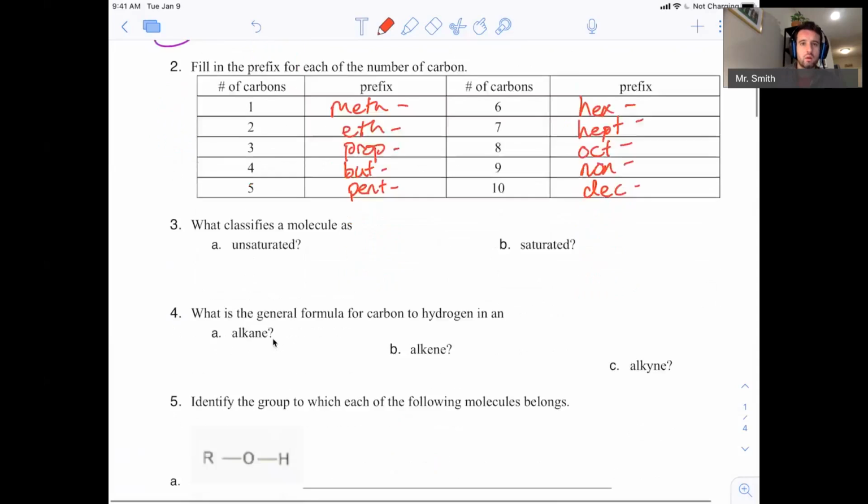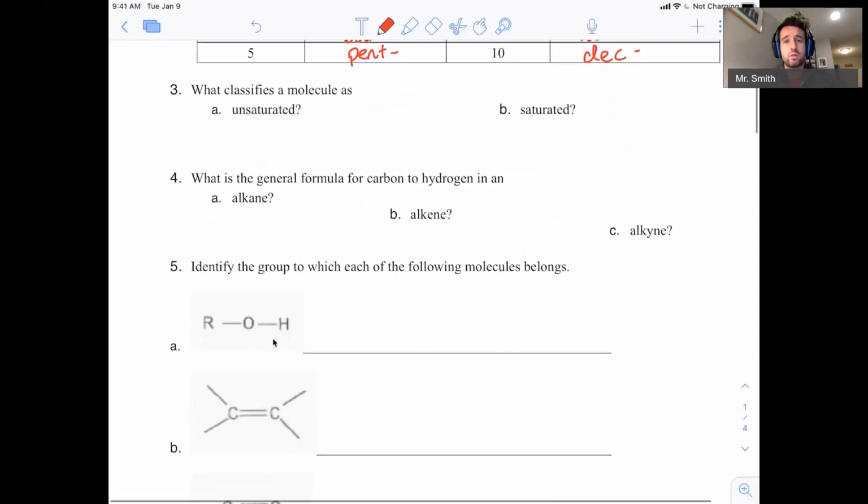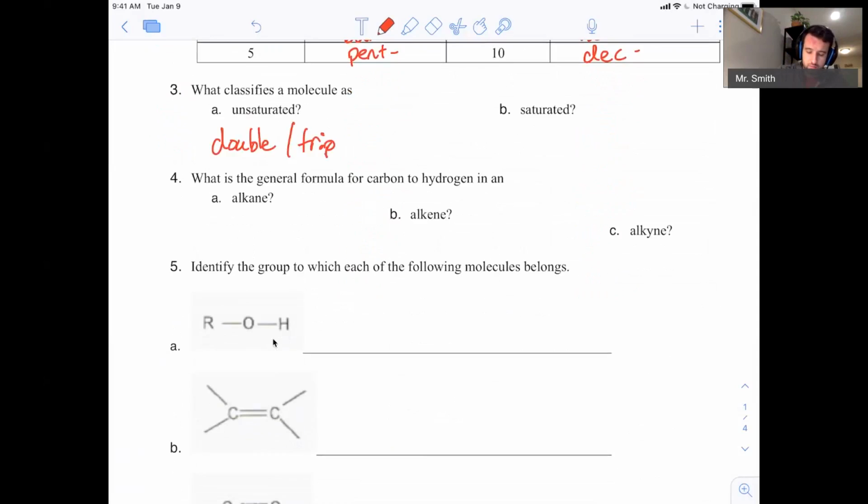Okay. Ooh, this is a good question. Saturated versus unsaturated. Unsaturated means it's got double or triple bonds. And saturated means everything is all single bonds.